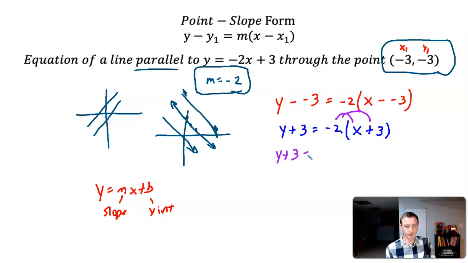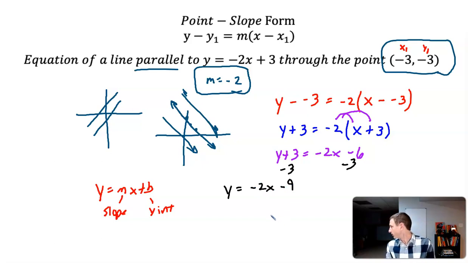Y plus 3 equals -2 times x is -2x. -2 times 3 is -6. And then I want to solve for y by subtracting 3. We get y equals -2x minus 9.